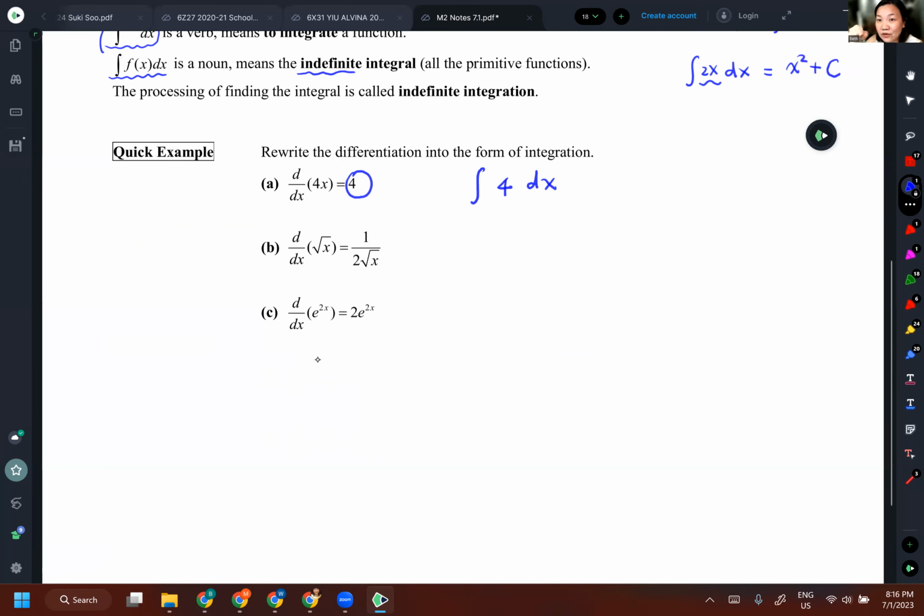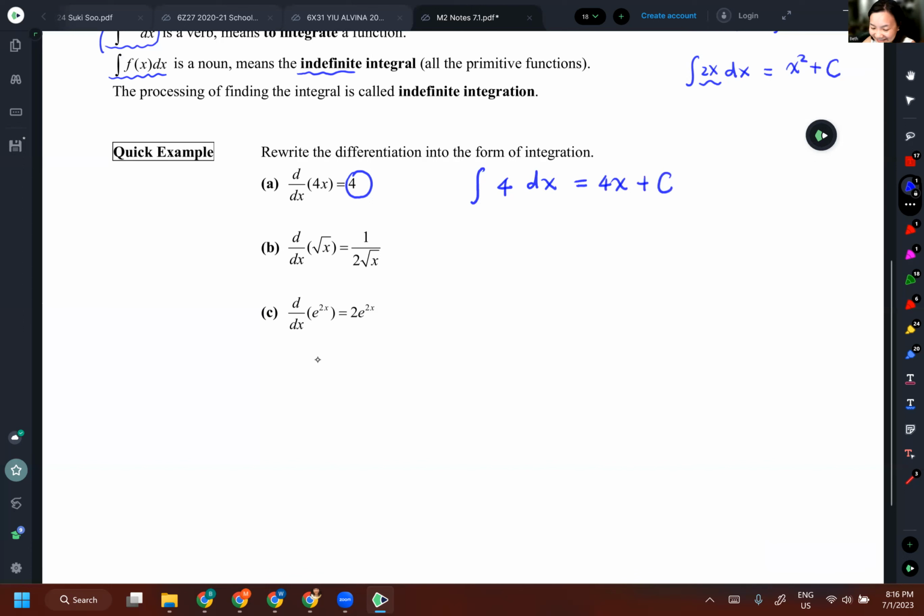Put the integrate sign outside and then put the derivative inside. And the outcome is the primitive. But because it's indefinite, we need to add an arbitrary constant c. And then you're done.